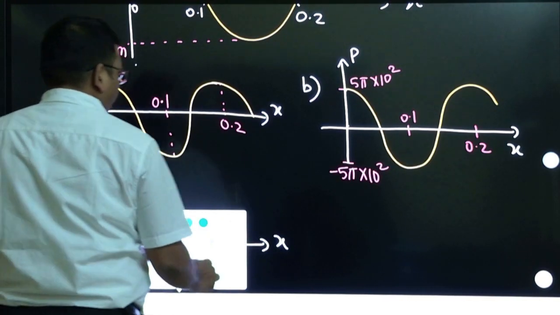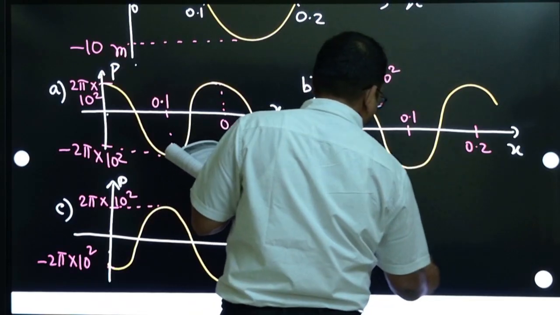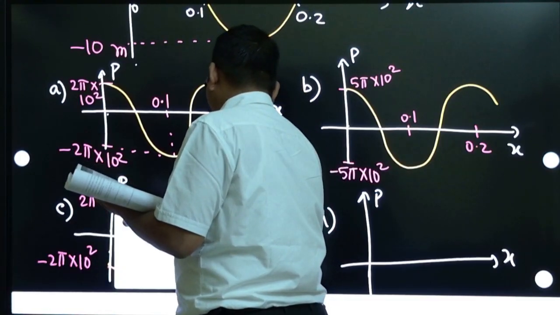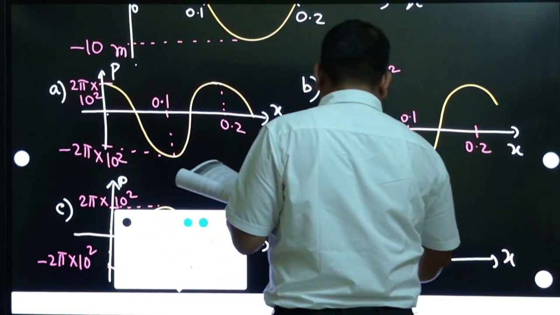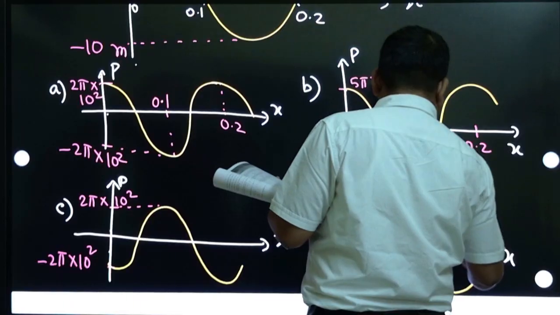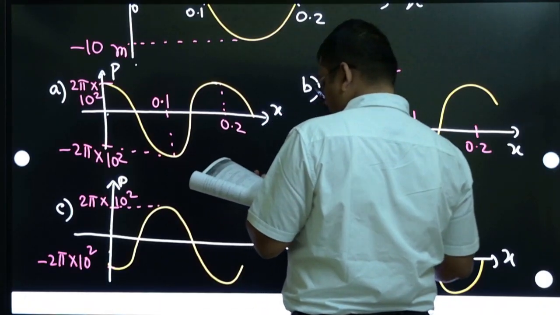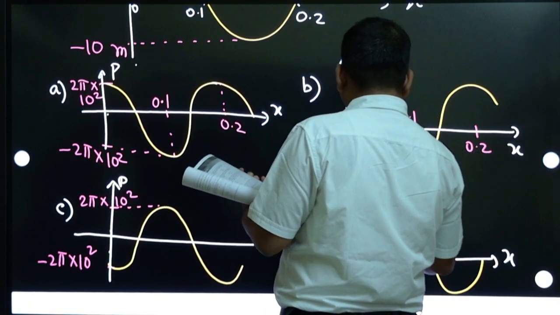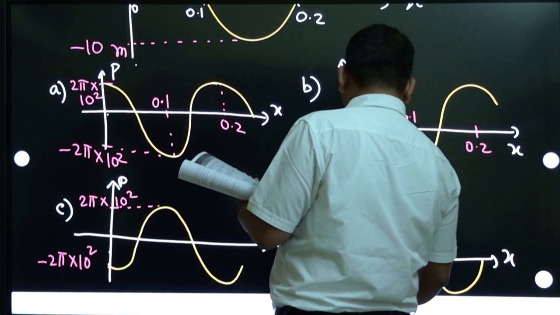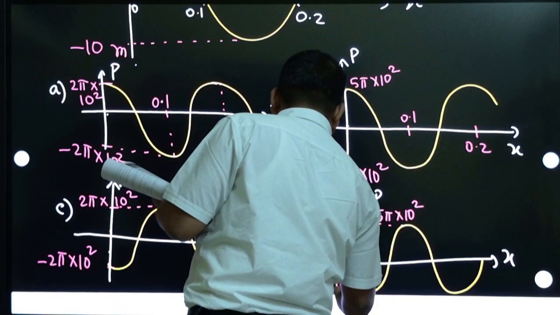The last graph is 5 pi 10 to the power 2, minus 5 pi 10 to the power 2.